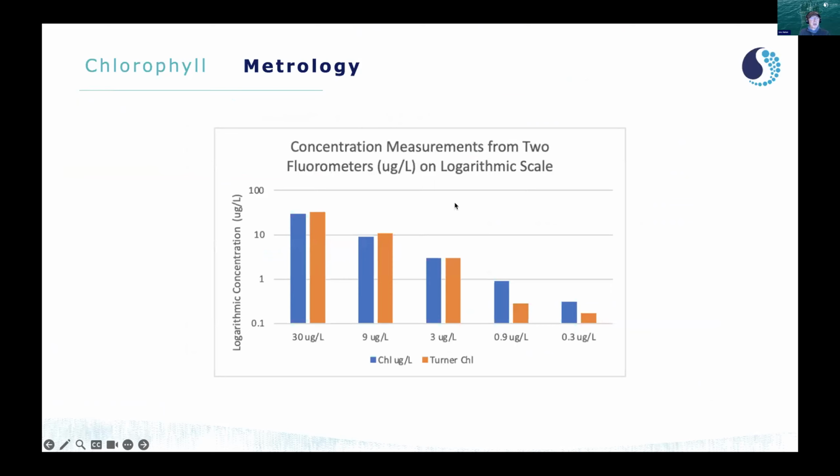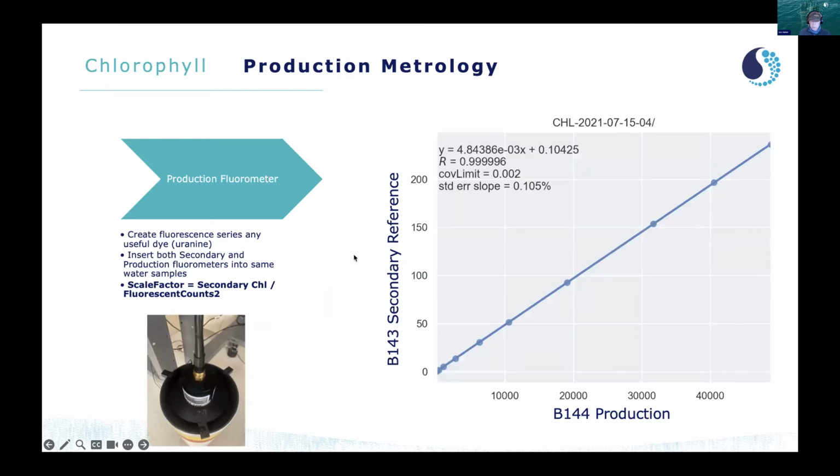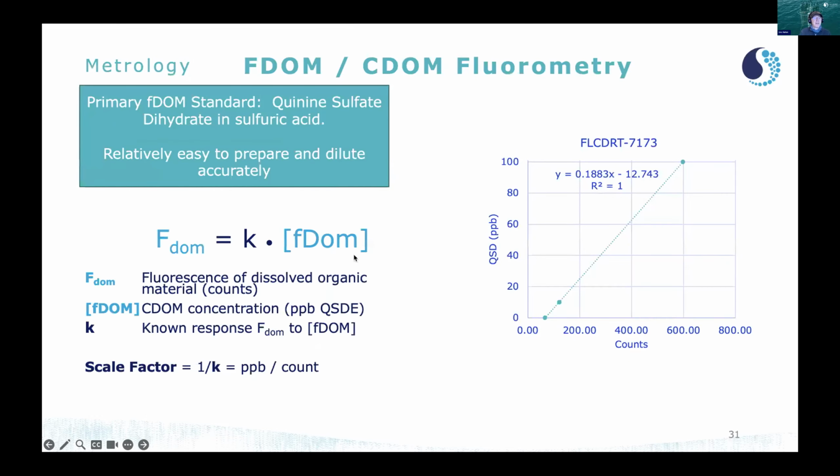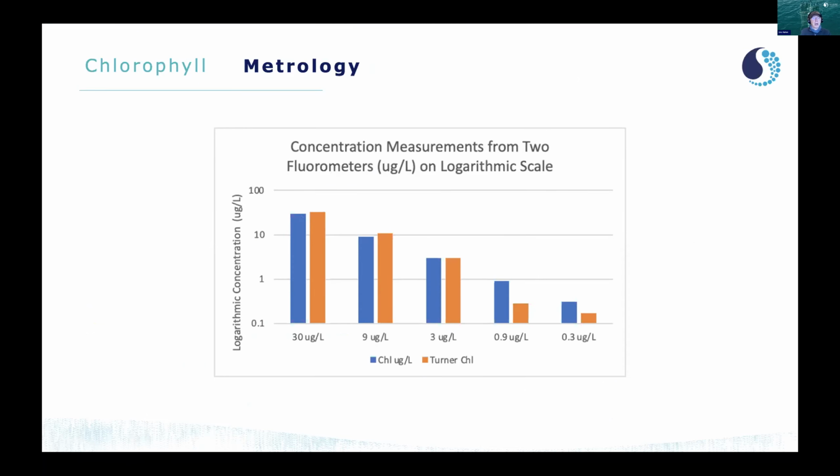And again, this is the experiment that we did this summer, which looks at the chlorophyll that the ECO read from the historical, and then the laboratory fluorometer's measurement. And you can see it does very well, except down at the very low concentrations where there's more uncertainty.